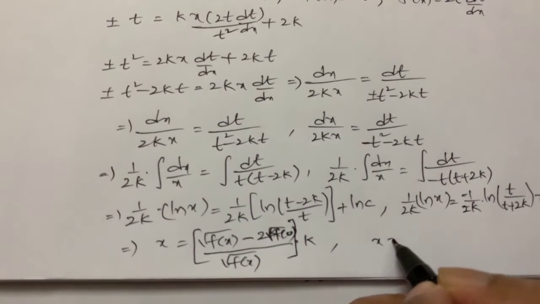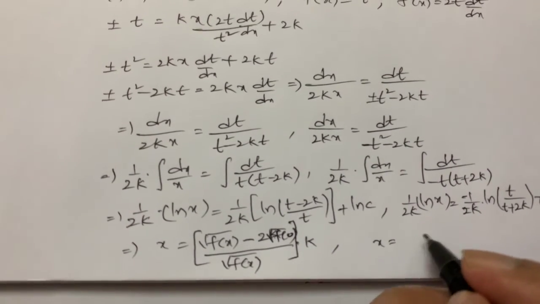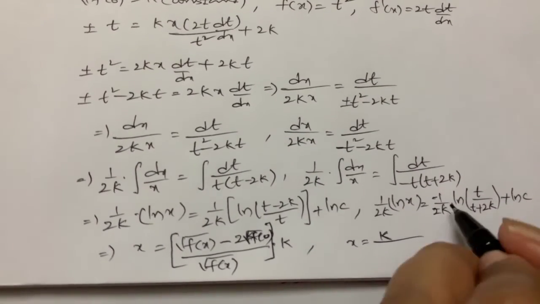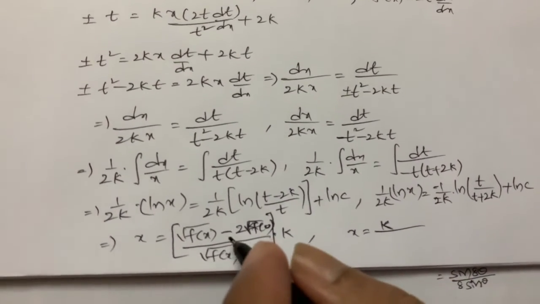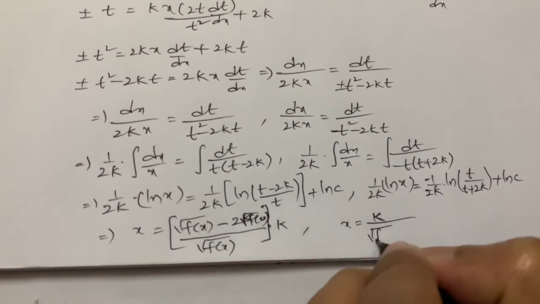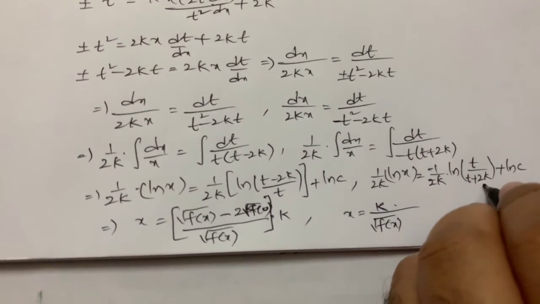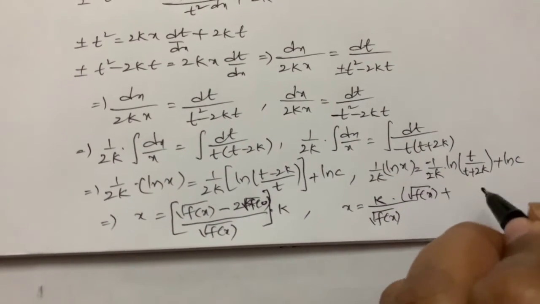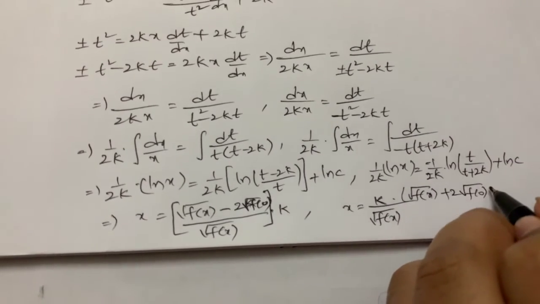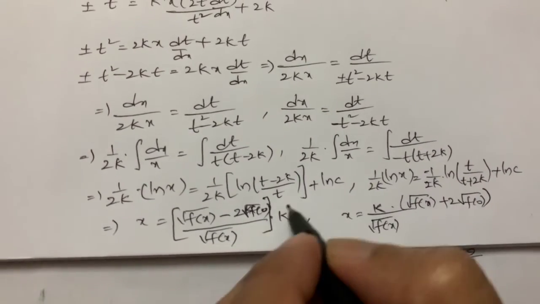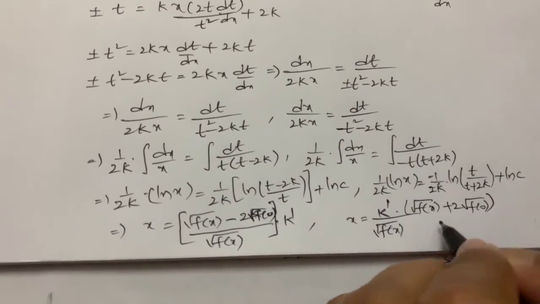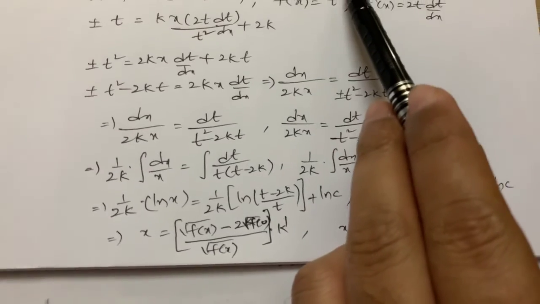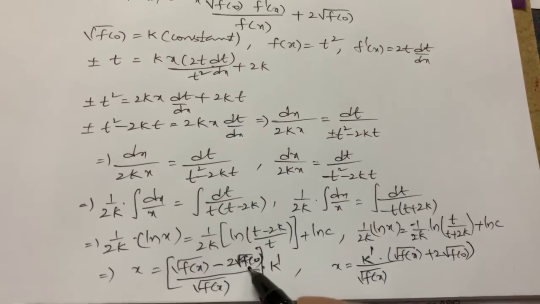The other answer is x = c(√f(x) + 2√f(0))/√f(x), using ln a − ln b = ln(a/b). We will write this constant as k', so that there is no confusion, because here we assumed k is root f(0).